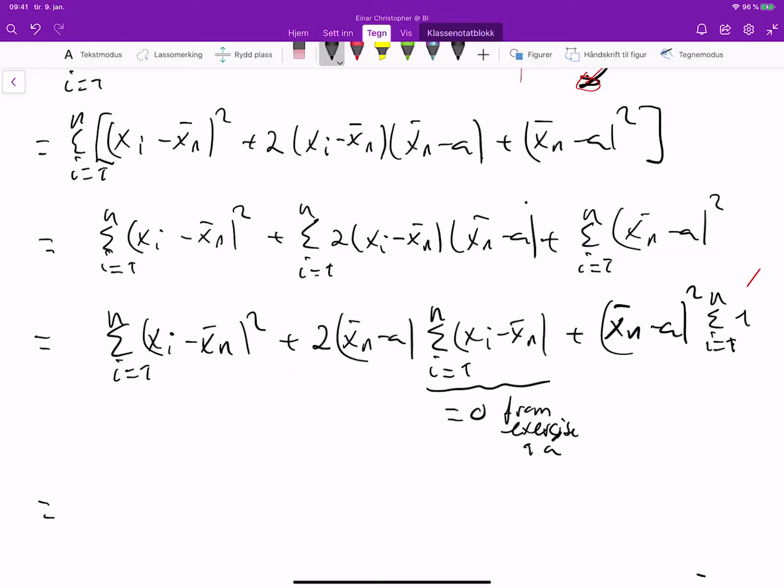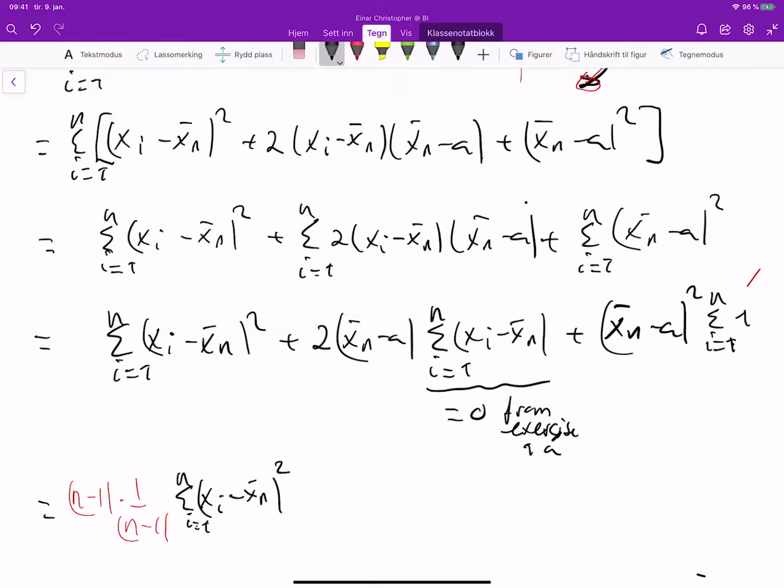And if I now use a little trick, which is maybe not so easy to guess, I multiply by n minus 1 times 1 over n minus 1. This is just multiplying with 1, so I can do that in front of this sum without changing anything.